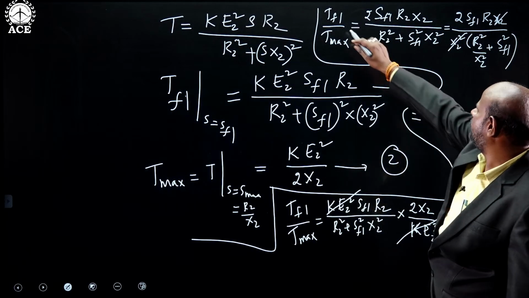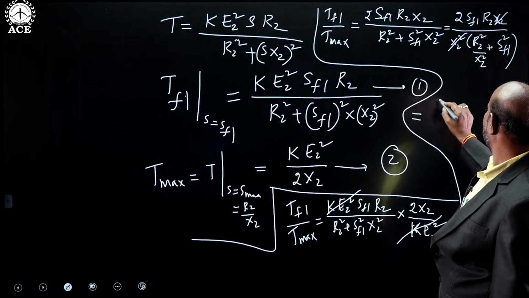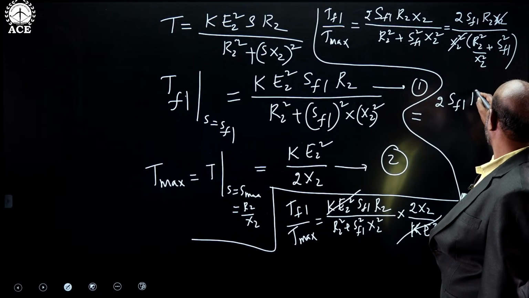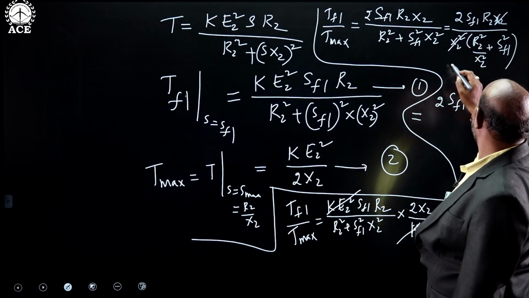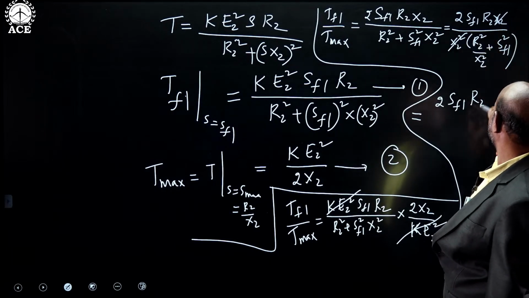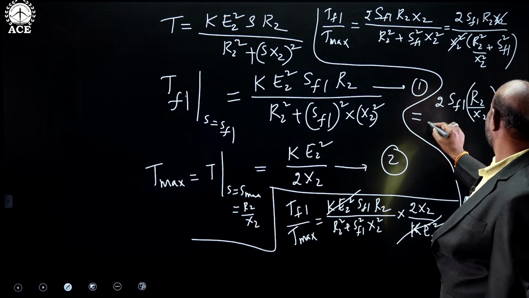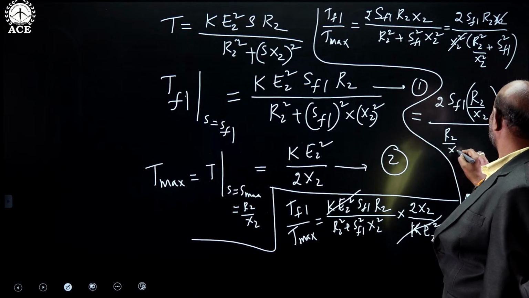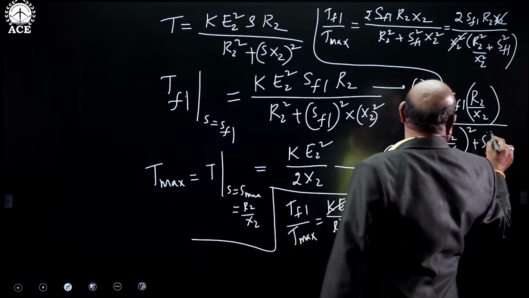So the ratio of full load torque to maximum torque is given by 2 into SFL R2 by X2, divided by R2 by X2 whole square plus SFL square.